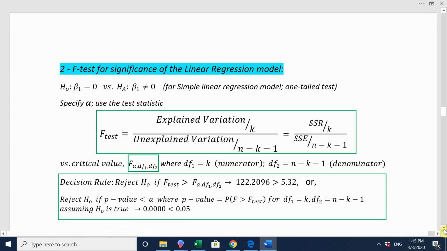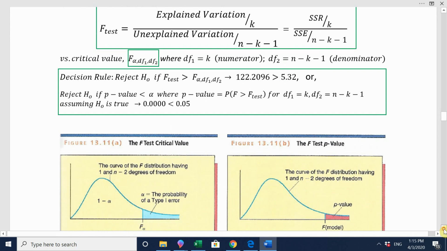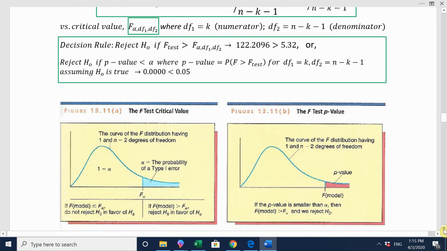Let's just quickly look at what the F distribution looks like. So here we are. This is the F distribution very quickly. And so there is a different F distribution for different pairs of degrees of freedom. So it gets a little tricky.